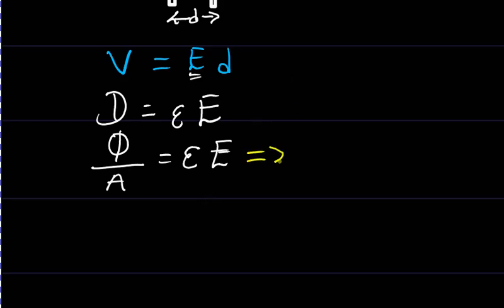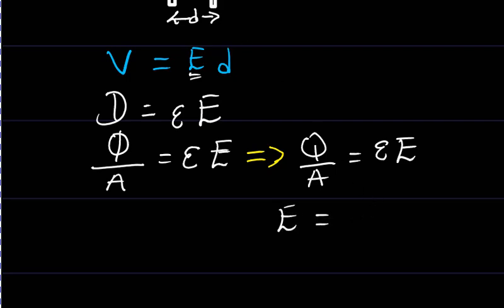Now flux we said is equal to charge, because of course the SI unit is coulomb per meter square. So flux of a conductor is equal to the charge of that conductor divided by area. So this is equal to epsilon 0 multiplied by E. The whole idea is to make E the subject of formula.